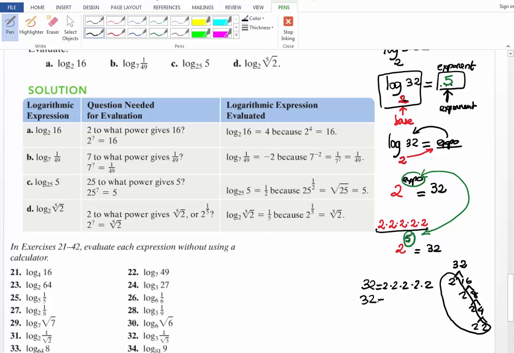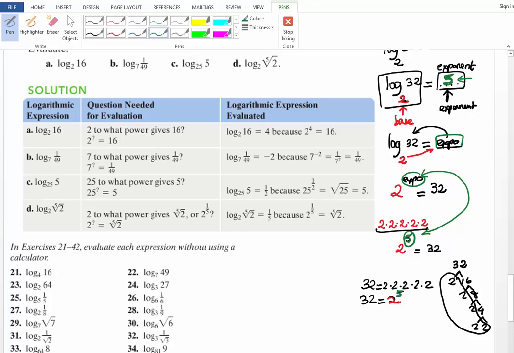A quicker way to say that is it's 2 raised to the power 5. So you could have done it this way by identifying that 5 was the exponent I needed to raise the base 2 to in order to get 32.